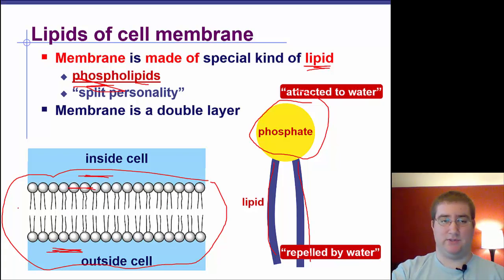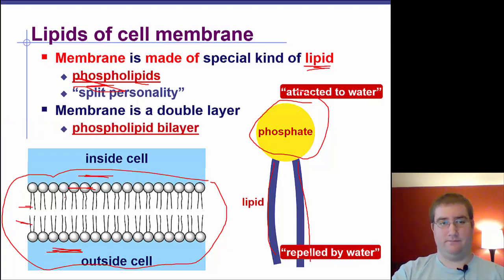And because the tails don't like water, the tails are going to form the inside of your sandwich and are going to form the interior of your cell membrane. Another way to describe the cell membrane is that it's a phospholipid bilayer. Once again, bi just means two. So it just means that your cell membrane is a sandwich of two pieces of phospholipid bread.